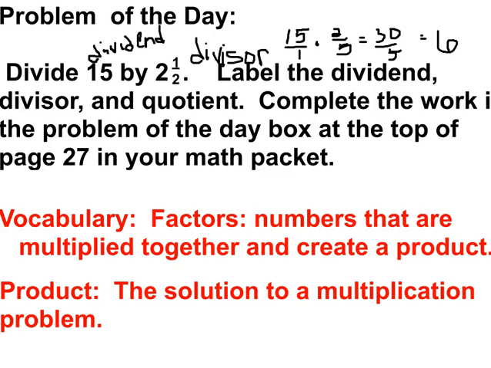And a product is the solution to a multiplication problem. So looking at your terms, factors and product, actually for multiplication, 15 and 2/5 would be your factors, and your product would be eventually the 6.